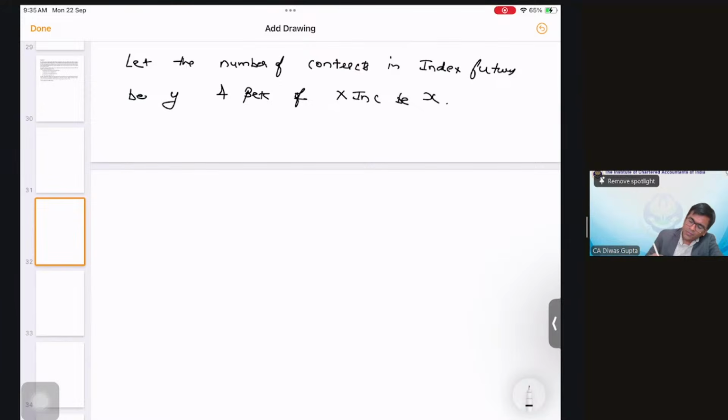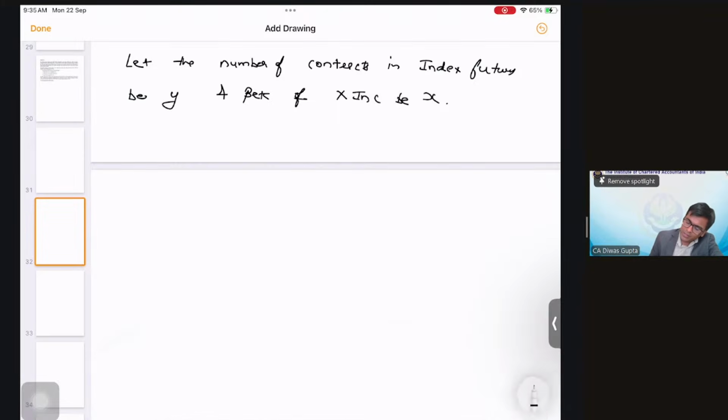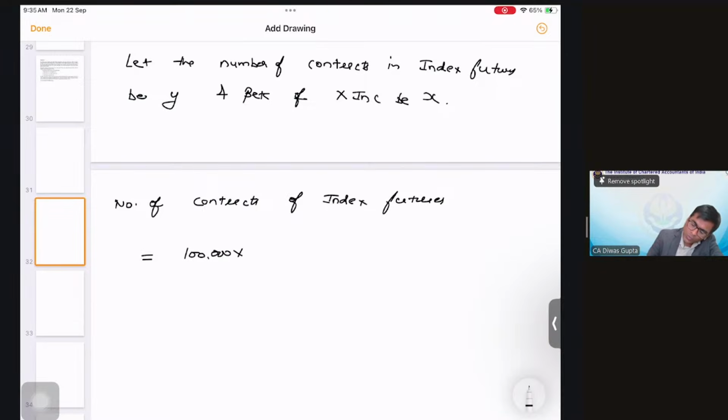Now, the number of index futures that will be entered will be given by 1 lakh into 22 into beta, right?